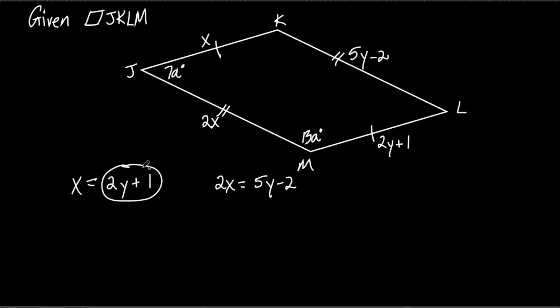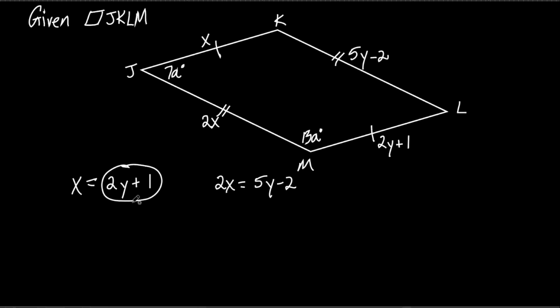So what I'm going to do, if x is equal to 2y plus 1 here, the x over here would be the same exact x as this x right here. Everybody hear me on that? This x, the value for x here, is the same value for x as this is. So since I kind of know what x is here, it's 2y plus 1, what do you think I'm going to do with this x right here?